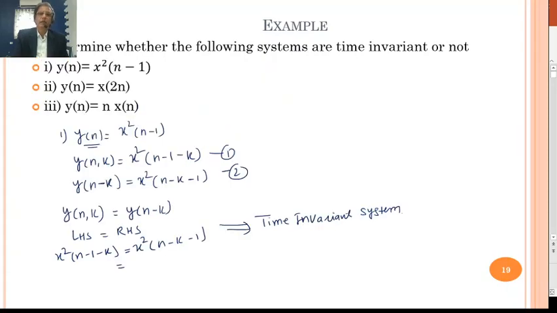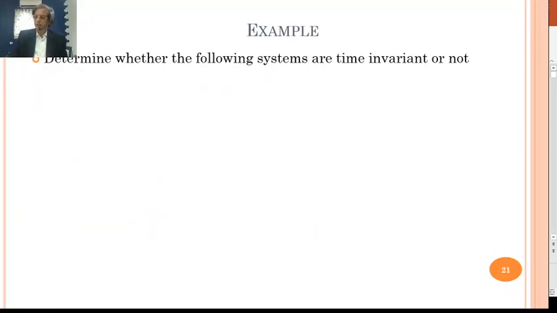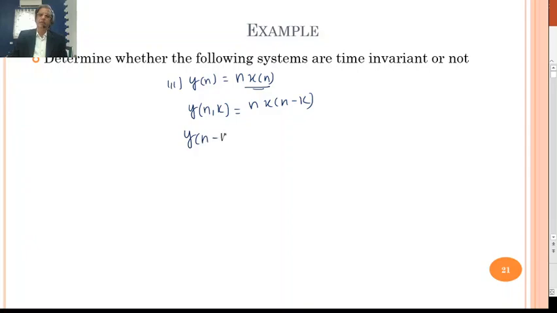And the last example is y of n equals n times x of n. Now first find out the output due to the delayed input, y of n, k is equal to n times x of n minus k. Then find out the delayed output response, that is y of n minus k. Now replace this n by n minus k, that is n minus k times x of n minus k.